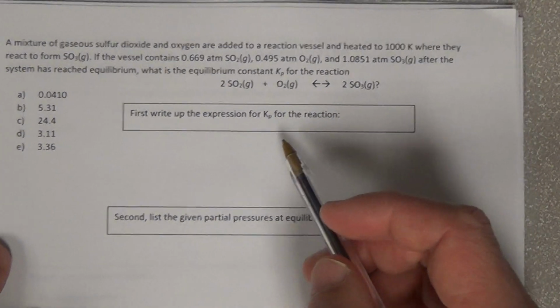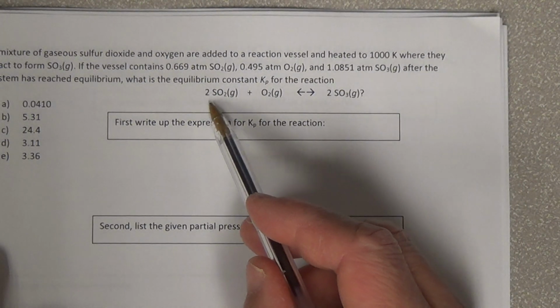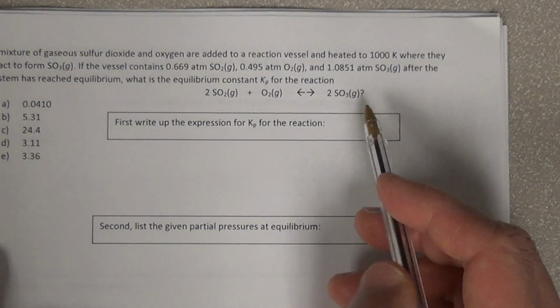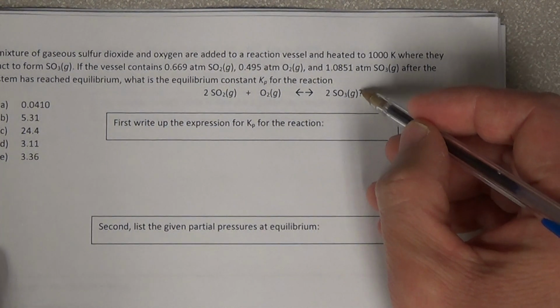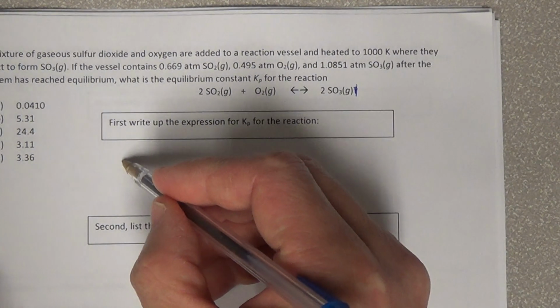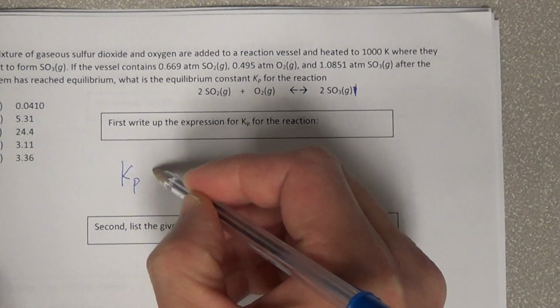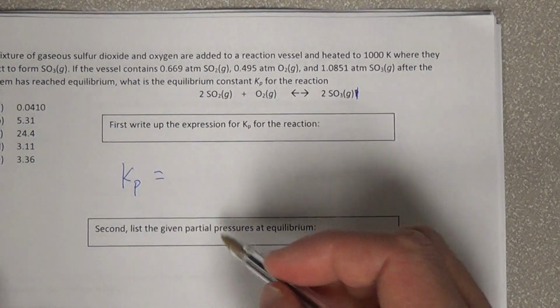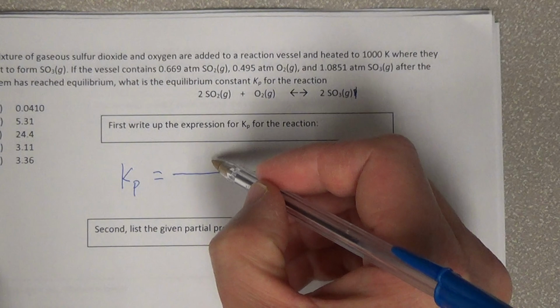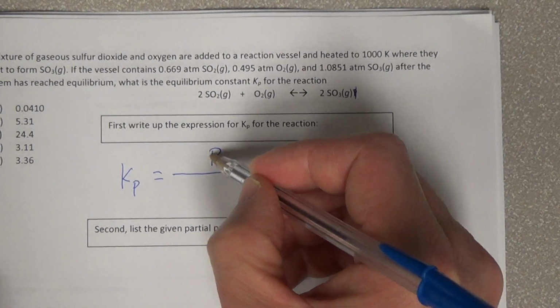So you see, just identify this equation. There are 2 SO2 gas, O2 gas, and 2 SO3 gas. So just write the Kp, as what we did in the first 2 problems. The fraction has the product on the top. In this example, I'm going to use partial pressure.